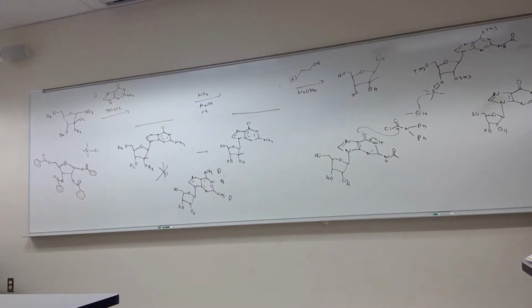Well, chlorine's a good leaving group, isn't it? Right, chlorine is a leaving group. So now you can do your nucleophilic aromatic substitution, so the oxygen would attack, wouldn't it? Maybe what's the mechanism? Beta mercaptoethanol. You can propose something here.